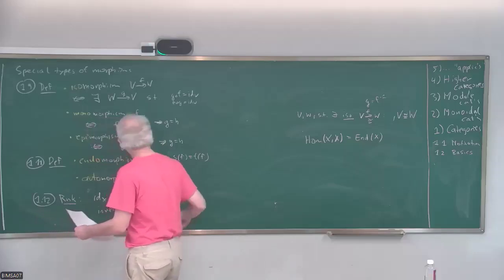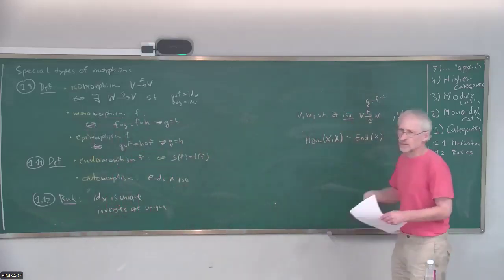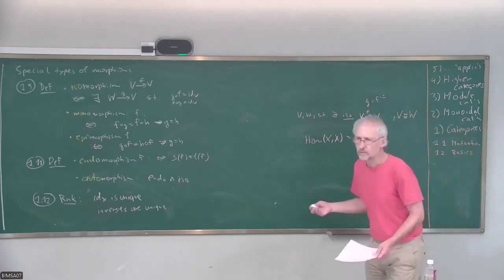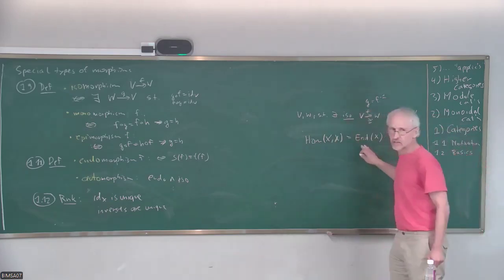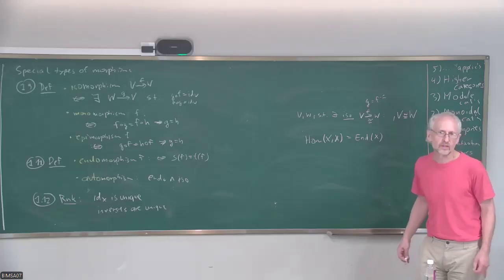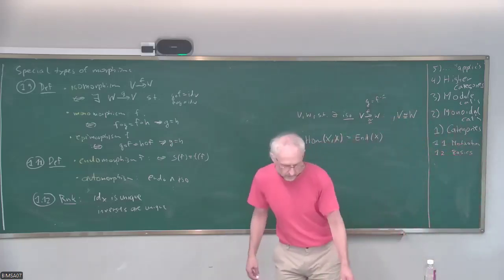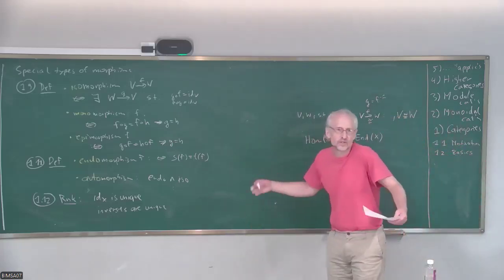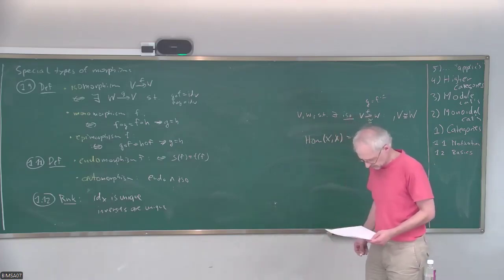I don't write this down. If you have endomorphisms, then the composition makes this set into a monoid. So you have an associative product in it trivially.